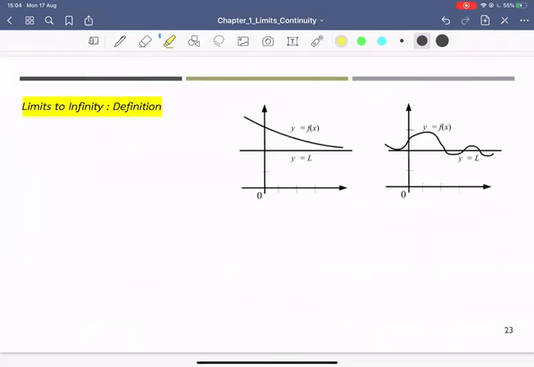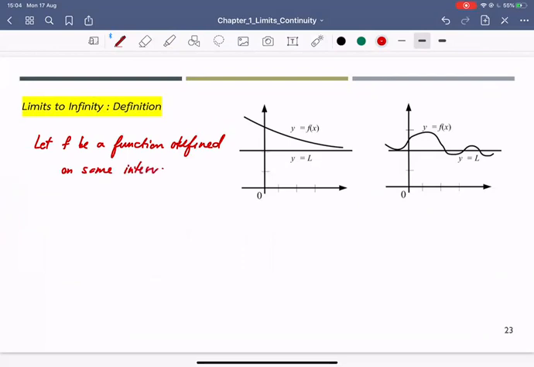All right, so let's look at the definition first. Let f be a real valued function defined on some interval (a, infinity).